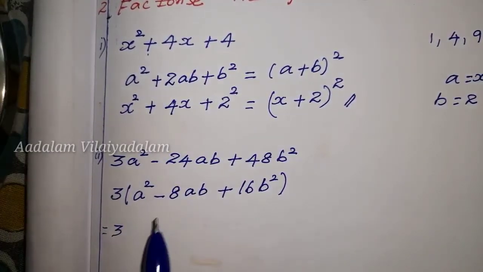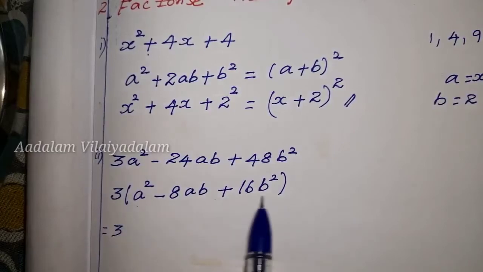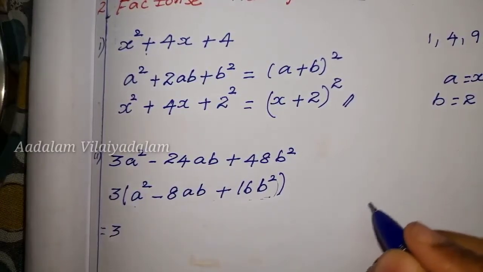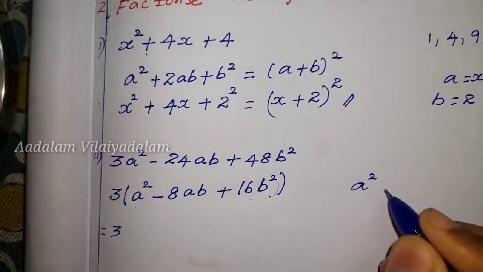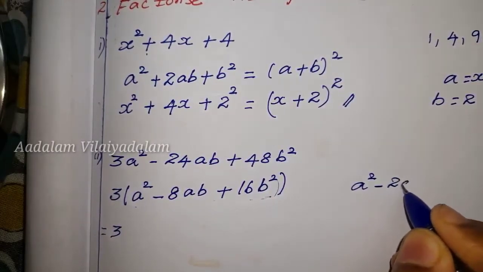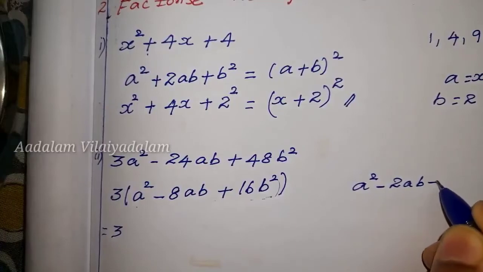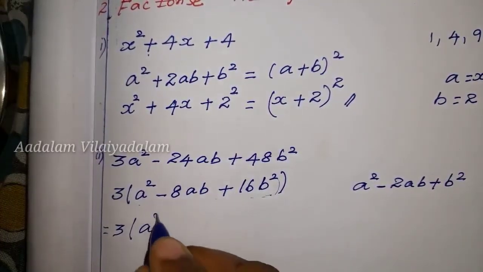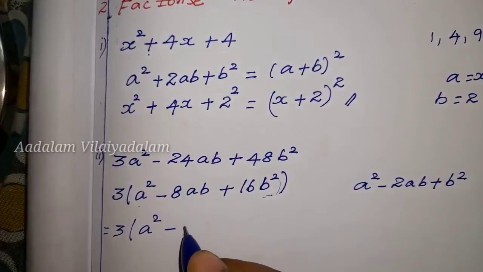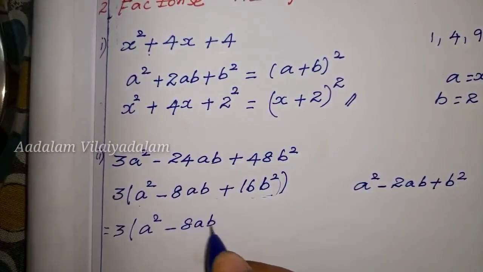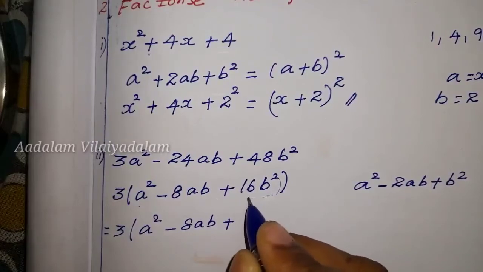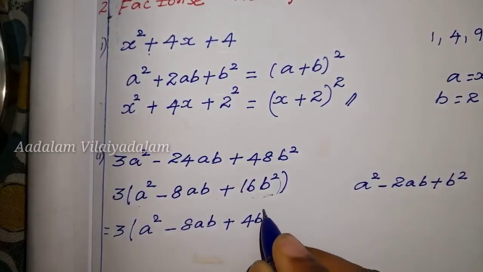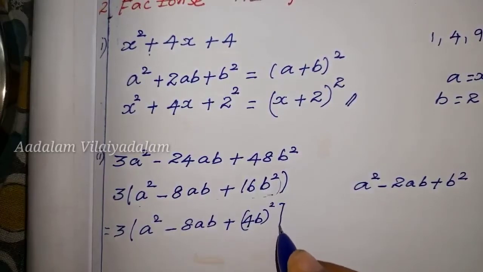Now consider this quadratic equation. This is the format of a square minus 2ab plus b square. Minus 2ab plus, and 16 in terms of square is 4 4s are 16, so 4b the whole square.